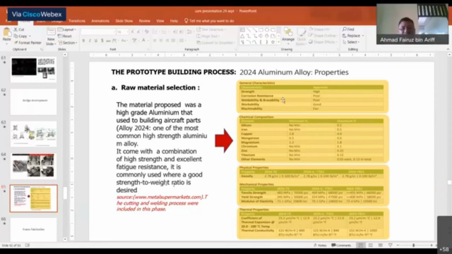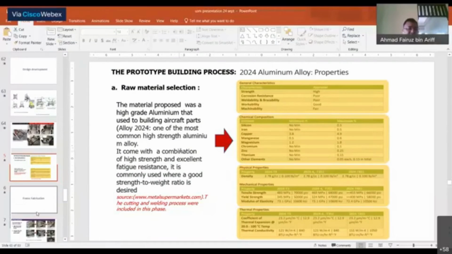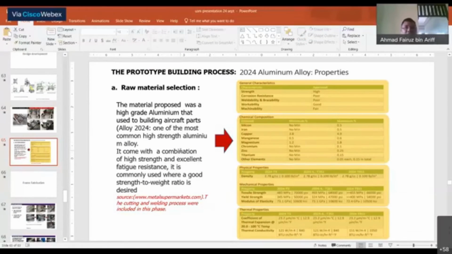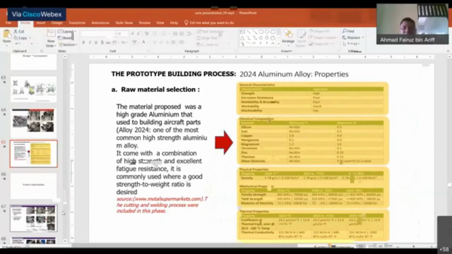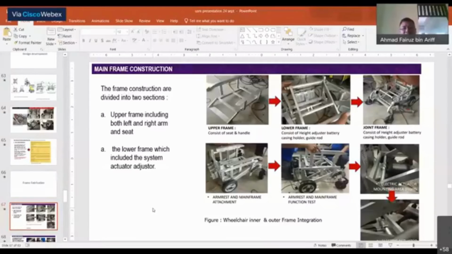So this is the characteristic: the strength is high, and it supports building the structure. Due to this, the team has to engage industries in order to fabricate the reliable frame and system.